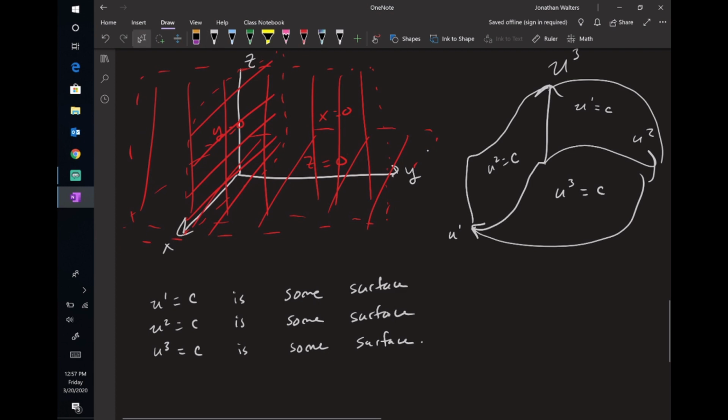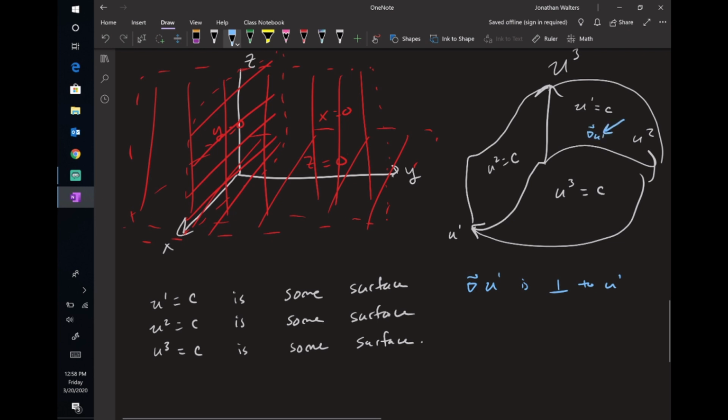Now what we're going to do is take the gradient of those surfaces. Gradient of u1 is perpendicular to u1, something like that.